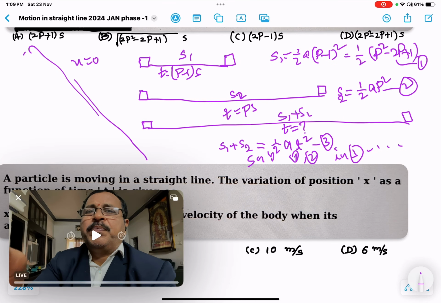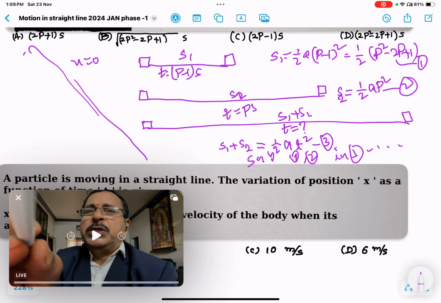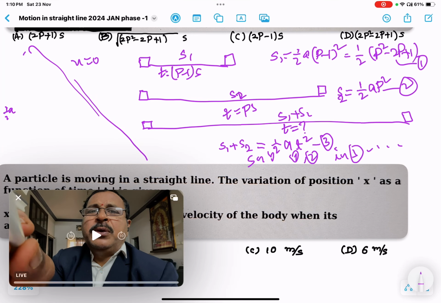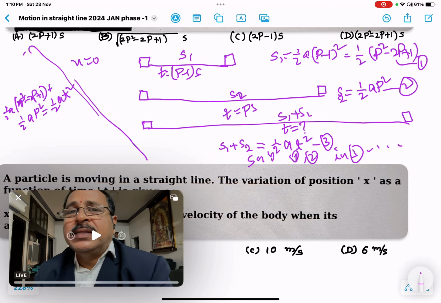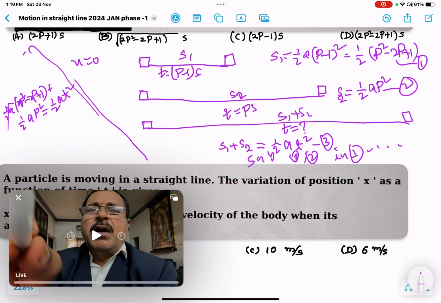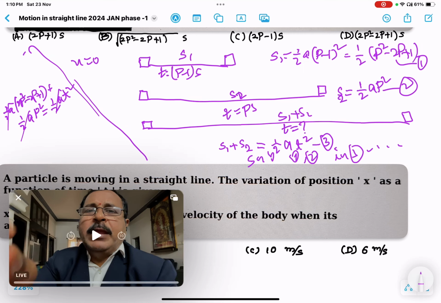So S1 plus S2 means half a into 2p square minus 2p plus 1, plus half a into p square, equals half a into t square. My dear students, half a on either side will be cancelled.